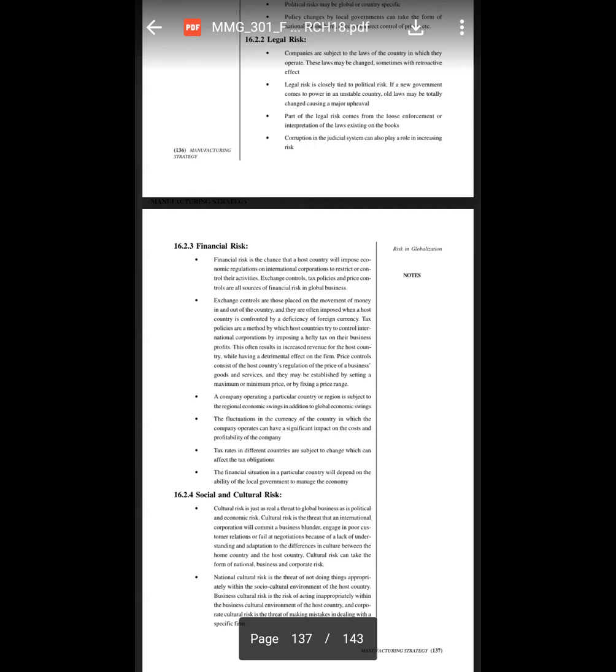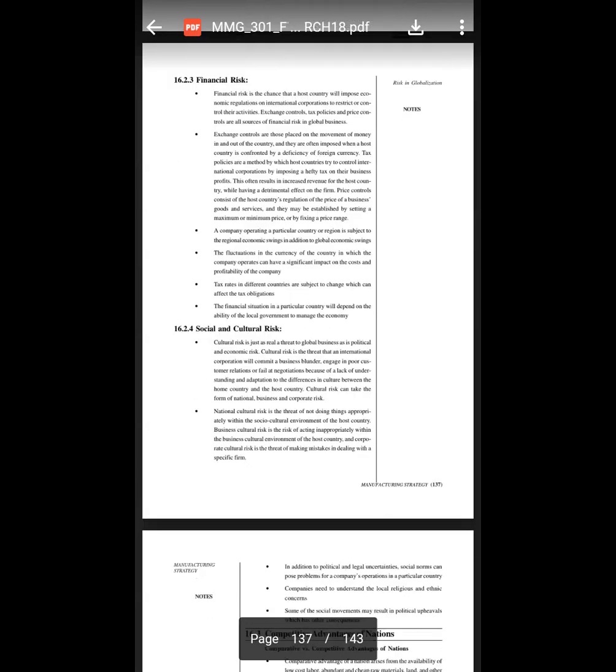You need to pay that amount of money, because only after that can the country give permission for the shipment of goods from your place to that country. So for entry into the other country, you need to follow their rules and regulations, right? So this is also one kind of financial risk which you are going to face while having a globalized business.